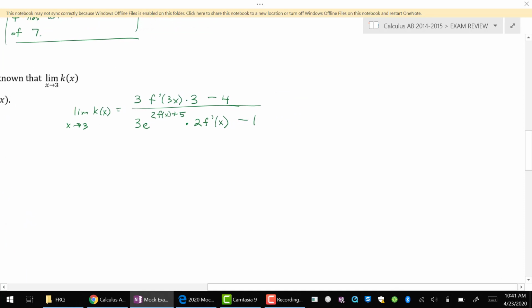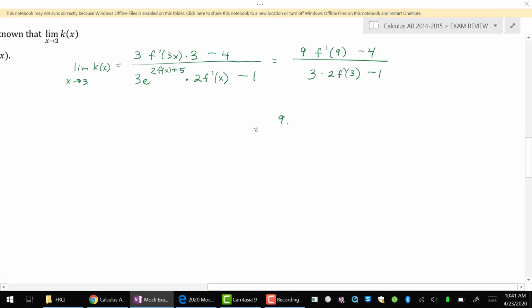Direct substitution, plug in 3 and see what we can clean up here. 3 times f prime of 3x, that'll become a 9, actually 9 times f prime of 9 minus 4, all over 3e to the 2 times, let's see, that'll all be a 0 here. So e to the 0 is 1. So I'll have a 3 times 2 f prime of 3 minus 1. 9 times 0 minus 4, f prime of 9 is 0, divided by 6 f prime of 3 minus 1.